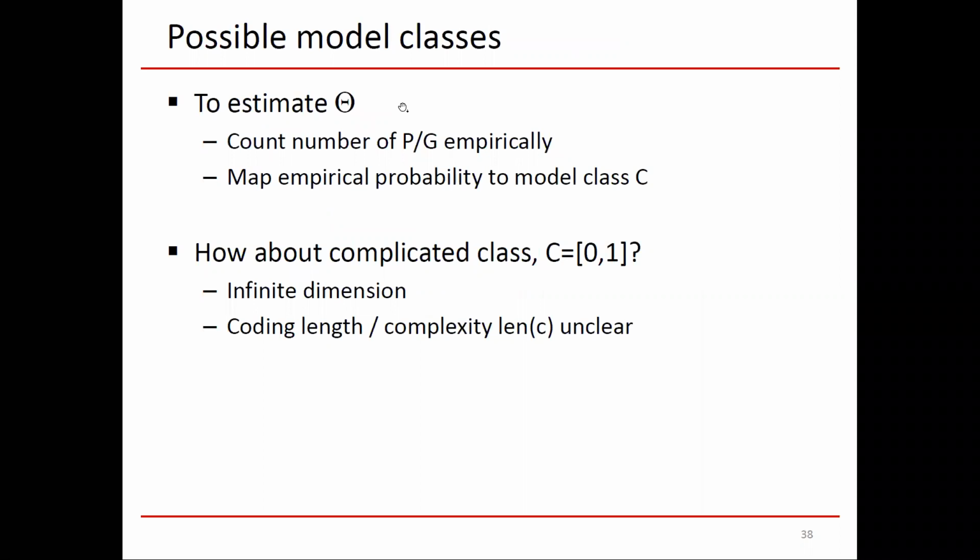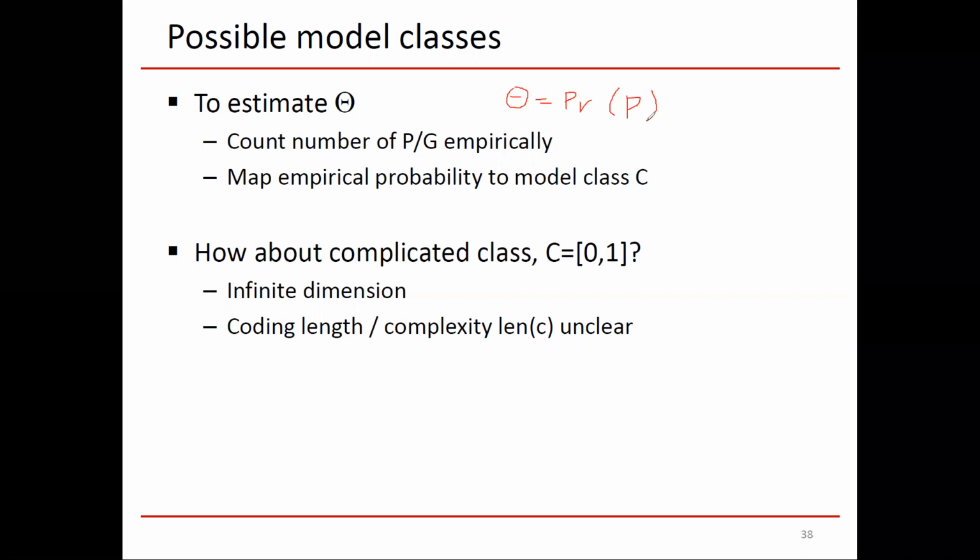To estimate theta, a simple approach is to count the number of purple and green students empirically, and then you're going to map the probability to the model class. So again, let's think about this. Theta, if I recall correctly, is the probability of purple, and if that's actually 1 minus theta, let's just go with it.